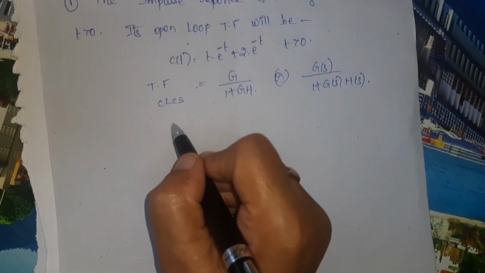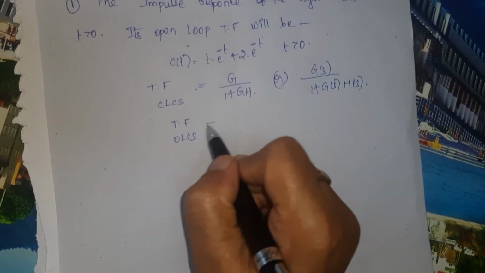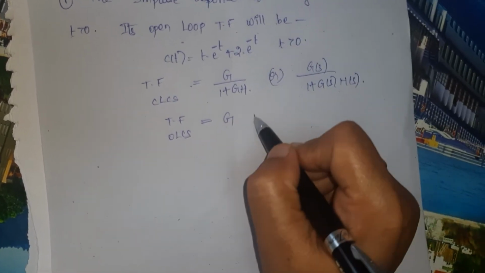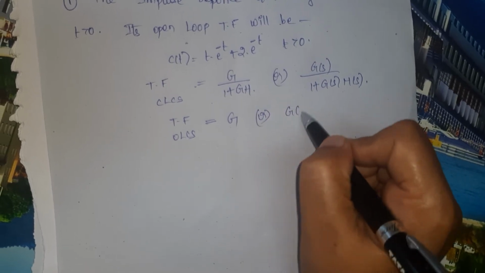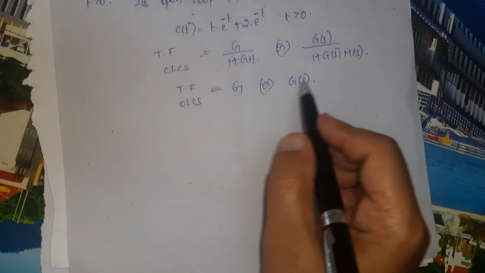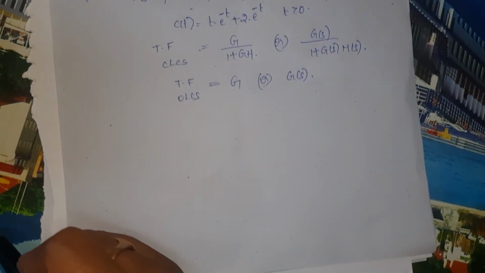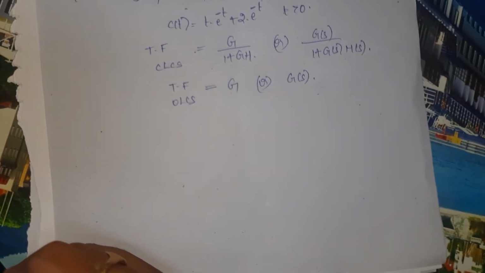And what is the open loop transfer function? An open loop control system will have the transfer function only G, or G of s. Okay, these are the formulas and we have already discussed them in earlier sessions.